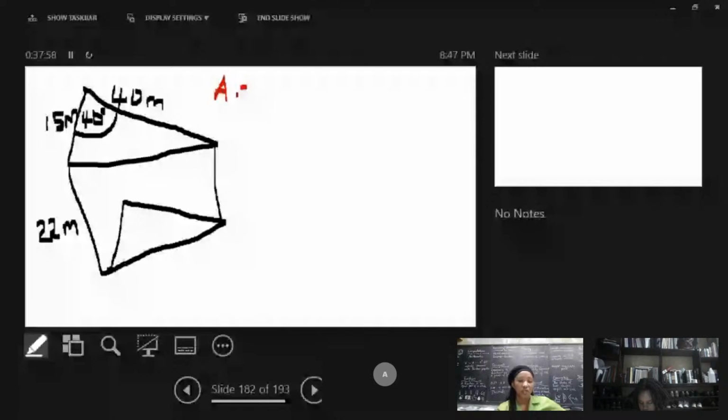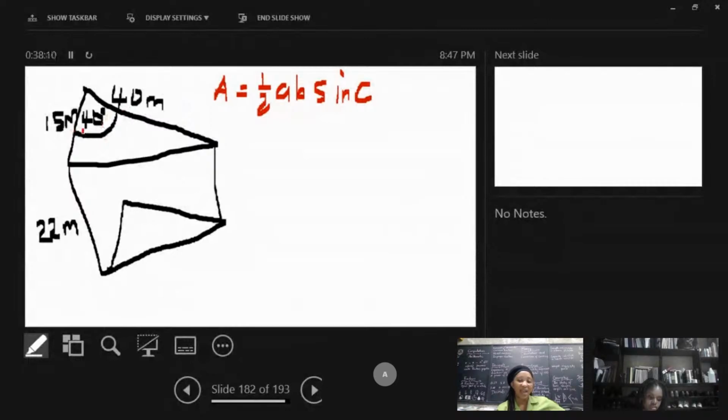So we have to use half AB sine C. So when we know the sides and the angle between them, we find half times the 2 sides times the sine of the angle. So go ahead, John, find the area of the triangle, and then we can multiply that by the height to get the volume.